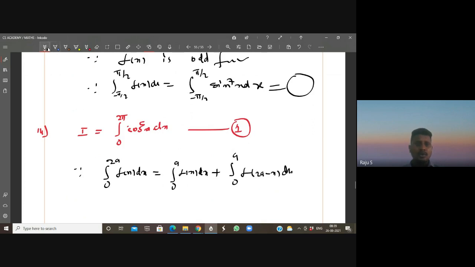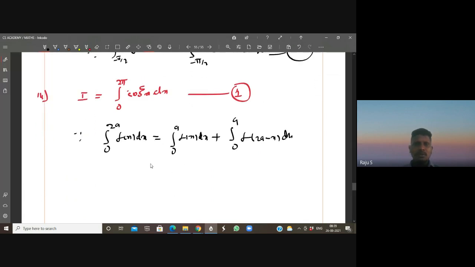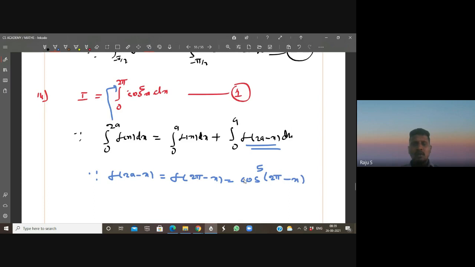Now I am going to find this f of 2a minus x. What is the 2a value? 2a value is 2 pi. So f of 2a minus x is equal to f of 2 pi minus x, where we have to substitute 2 pi minus x.